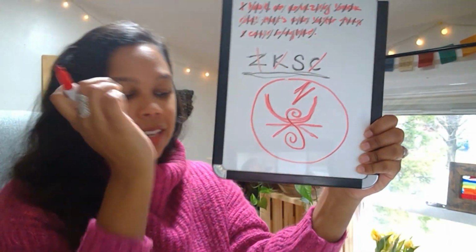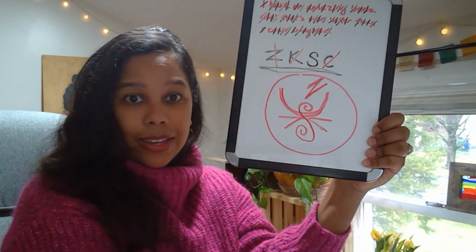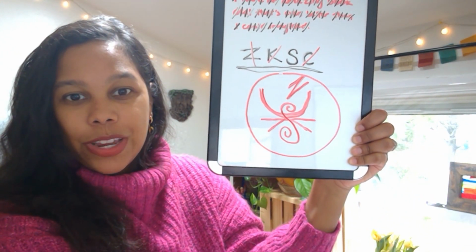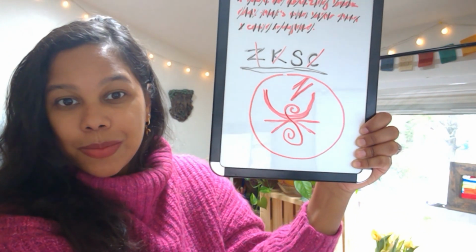You see how I just took the remaining letters and then found a way to rearrange them and overlap them to make my symbol?